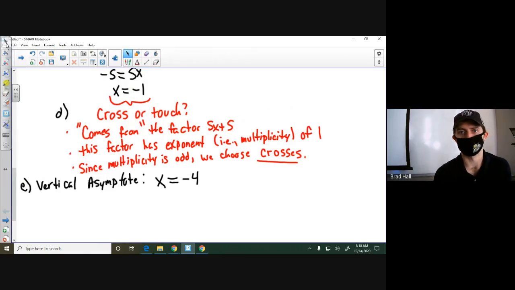Hopefully I'll get to a problem that explains when this doesn't happen, but the majority of the time, your domain will simply carry over to your vertical asymptote. There are exceptions though, but most of the time this is a good check in case you're unsure.